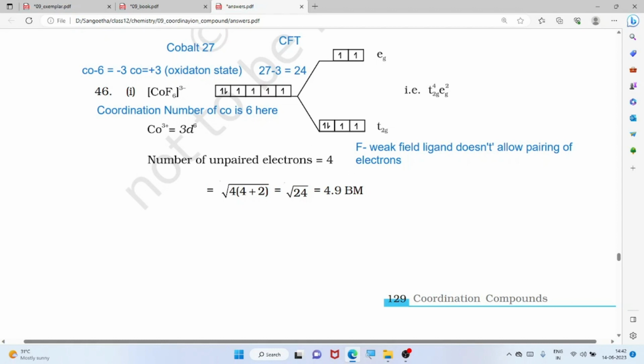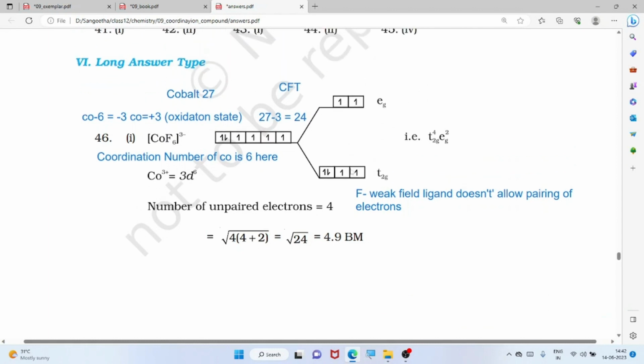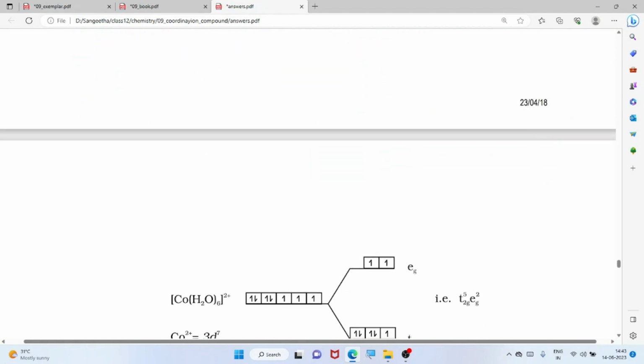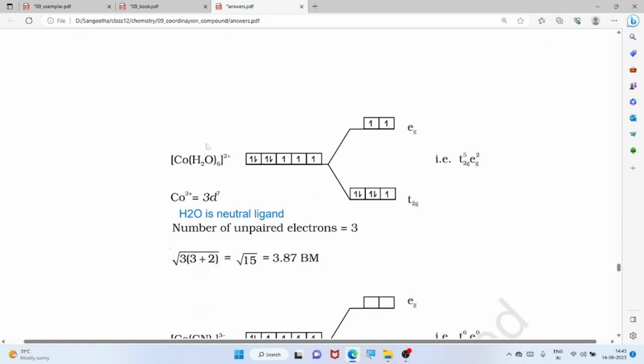Fluorine is a weak field ligand, so it doesn't allow pairing. Okay, so here the 2 electrons are in separate orbitals. For H2O, here we have only one unpaired electron, so it is a neutral ligand.